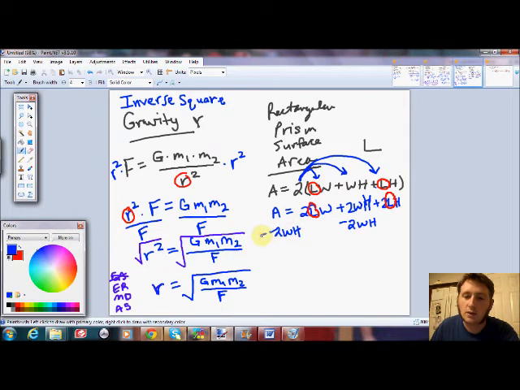I'll just stick a little extra minus in front of it. So the left-hand side would be the area minus 2WH. And then this side would be 2LW plus 2LH.